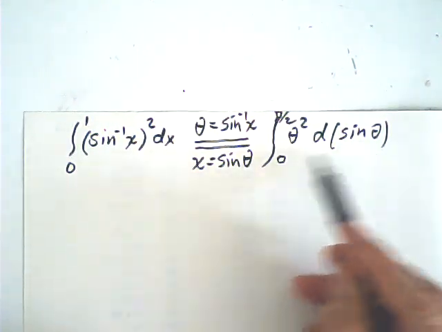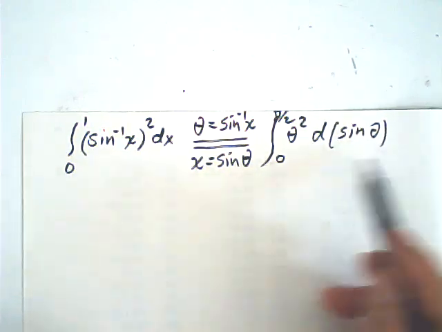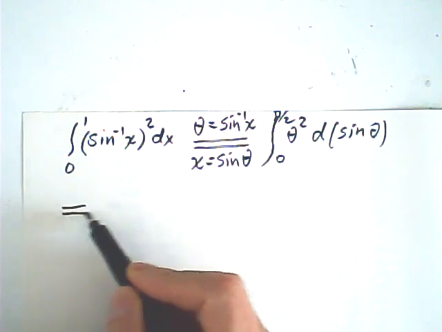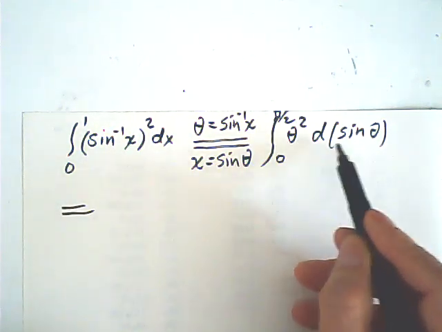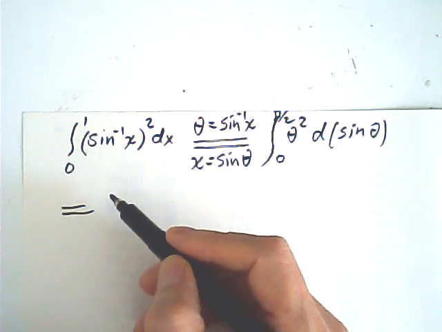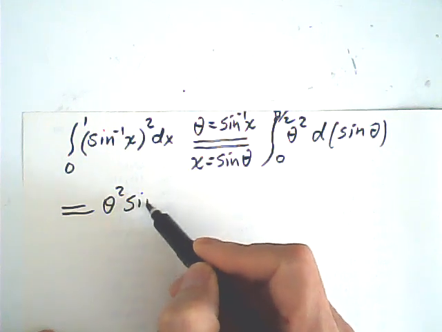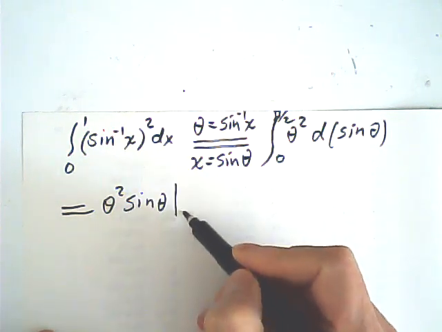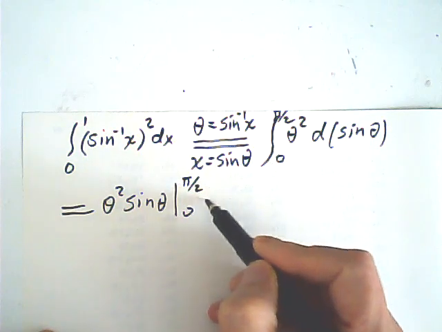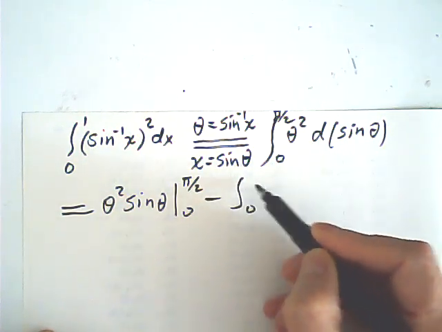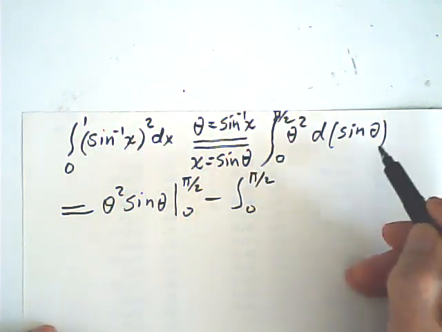Good. Then I can use by parts. This one is equal to, this is u, this is dv, right? So equal to uv from 0 to half pi minus integral v du.